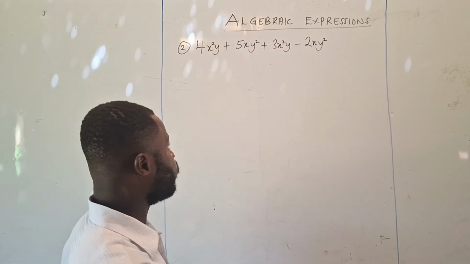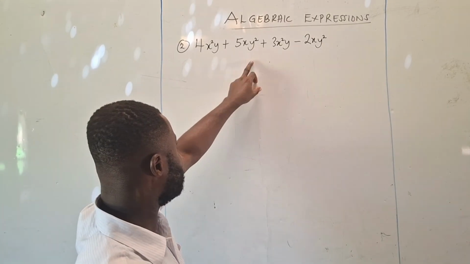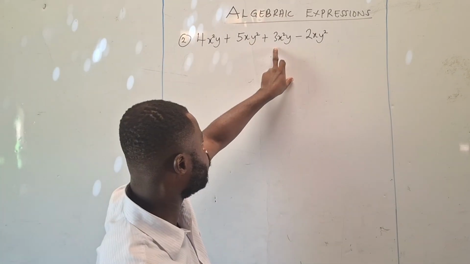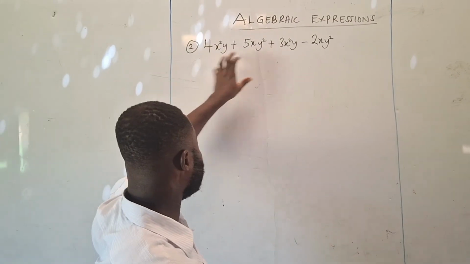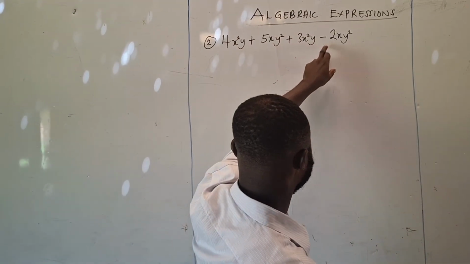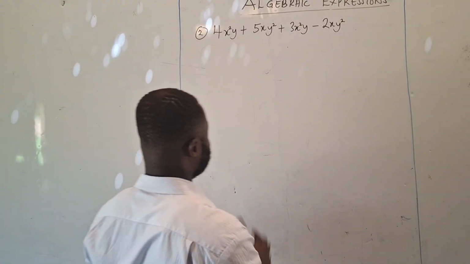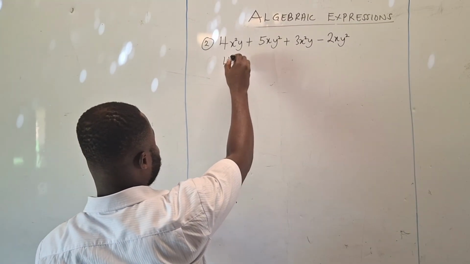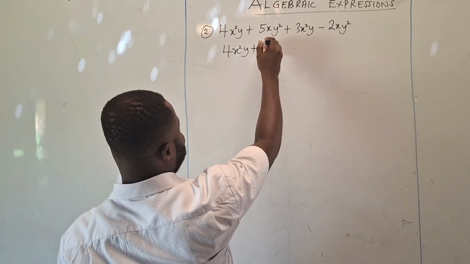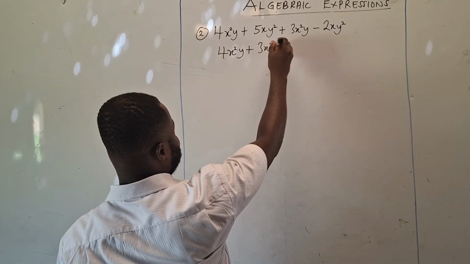These and these are not like terms, but this 4x squared y and the 3x squared y are like terms, and the 5xy squared is also like terms to the 2xy squared. So in grouping, you have 4x squared y, then plus 3x squared y.